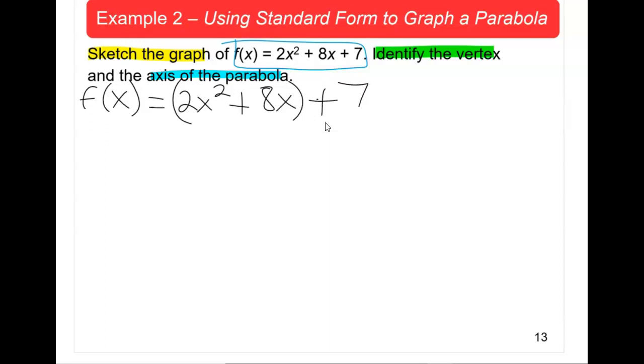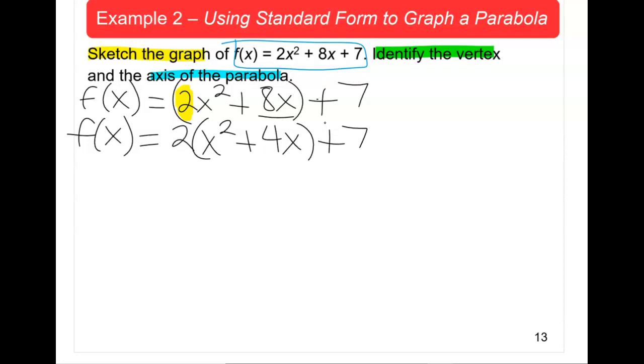From here, the only way that I can use the completing the square method is if the leading coefficient is a 1. So I need to factor out the 2. I will get x squared, and if I factor 2 from 8x, it's 8x divided by 2, so it is 4x.